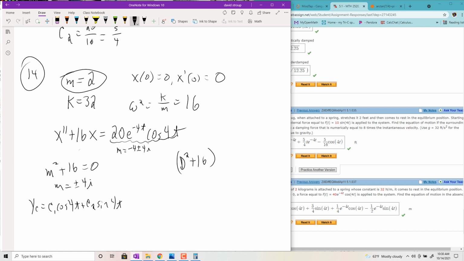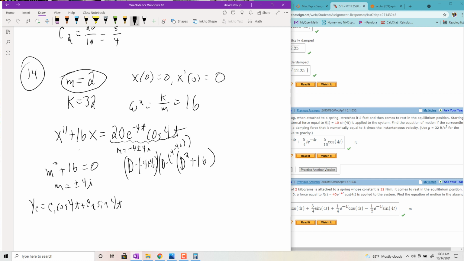So you could FOIL it out and figure out what your values are. But I'm just going to write D minus negative 4 plus 4i, and then D plus negative 4, D minus negative 4 minus 4i.